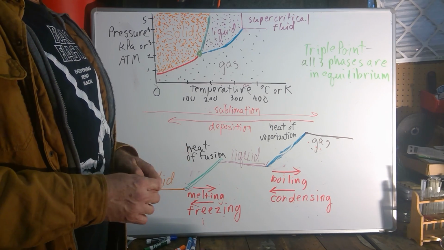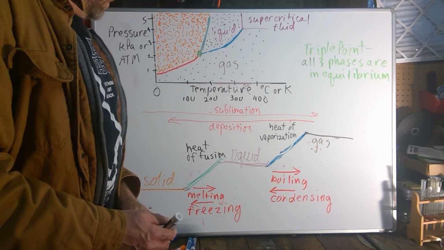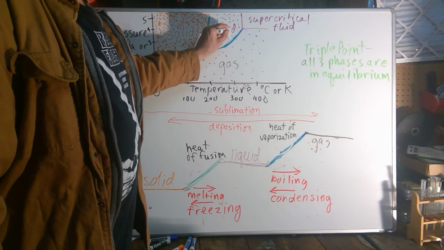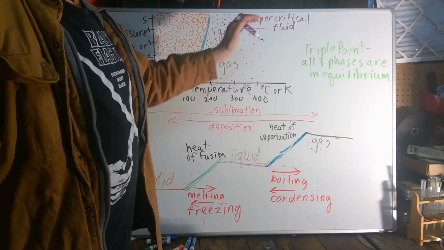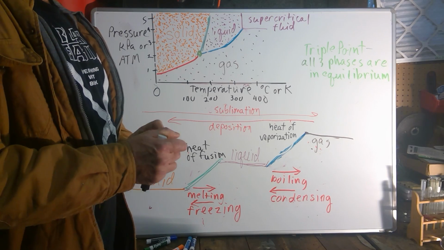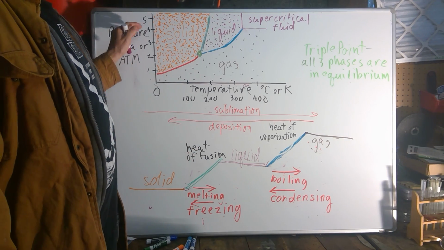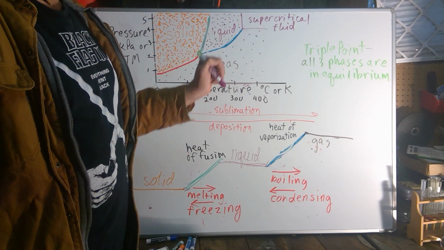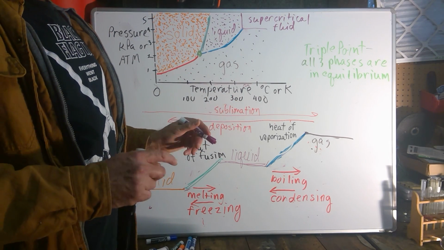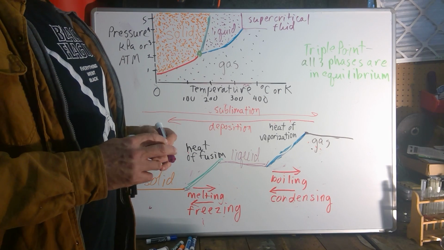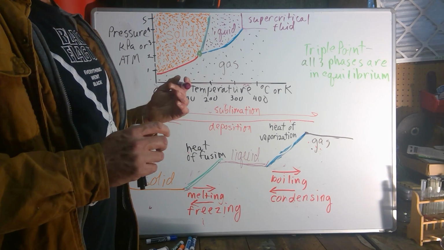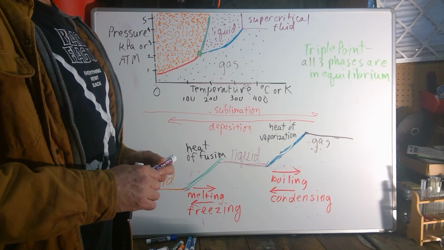And then we have this very mysterious zone over here, the supercritical fluid. And this is always the upper right of a phase diagram. It's a region where the pressure is extremely high and the temperature is extremely high. So much so that the substance does not behave completely like a liquid.